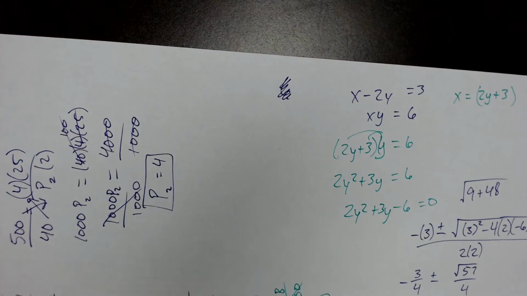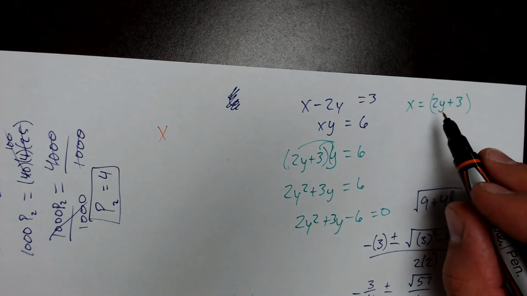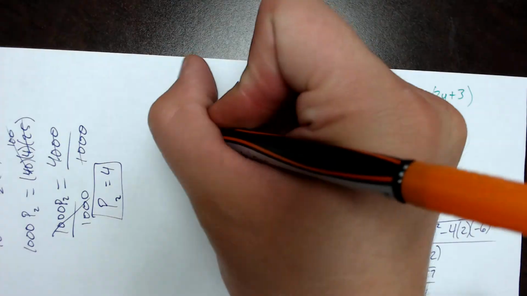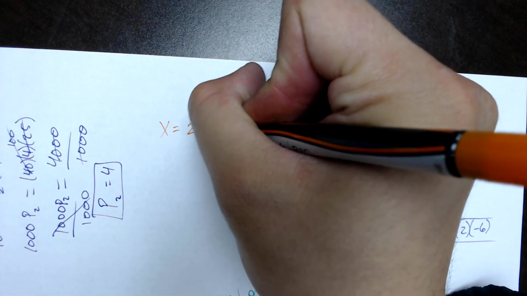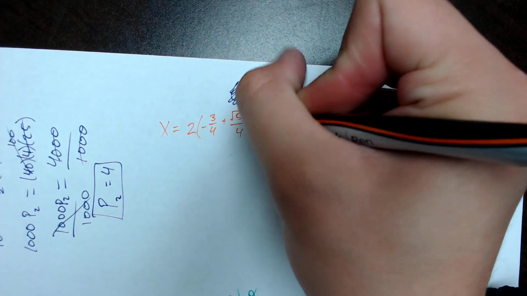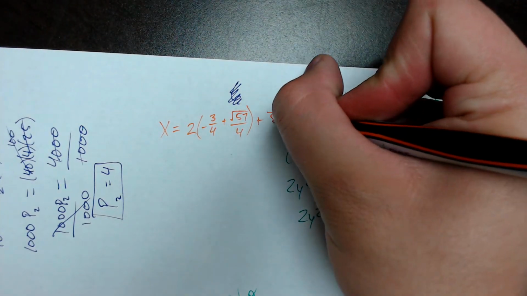So we'll plug into this equation. x is equal to 2y plus 3. So 2 times negative 3 over 4 plus square root 57 over 4, and then plus 3.